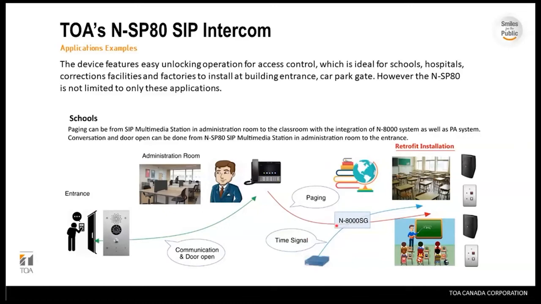So we also have an N-8000SG, which is a SIP gateway between the SIP protocol for the N-SP80 and our N-8000 proprietary IP-based intercom. So it's basically a translator, so those two systems can be tied together. On the right-hand side, we'll have maybe an older system or an older facility that doesn't have Cat5 going to classrooms, but it has maybe twisted pair, two-conductor shielded with a drain, or a four-wire station.